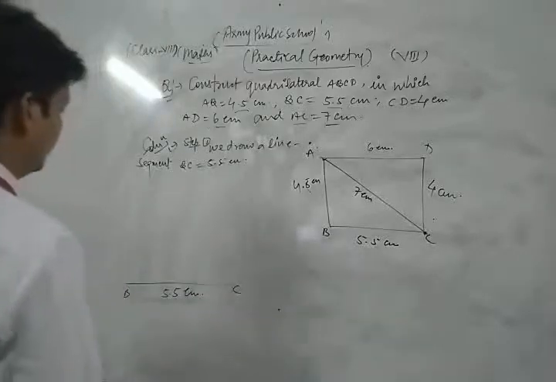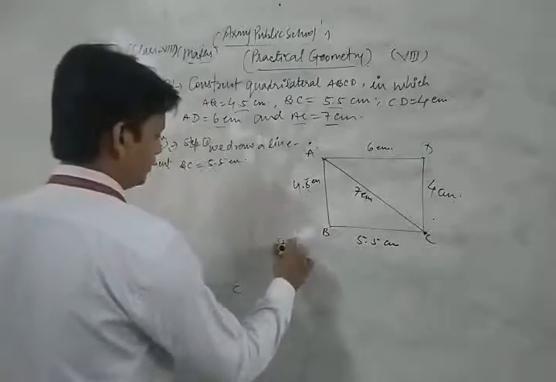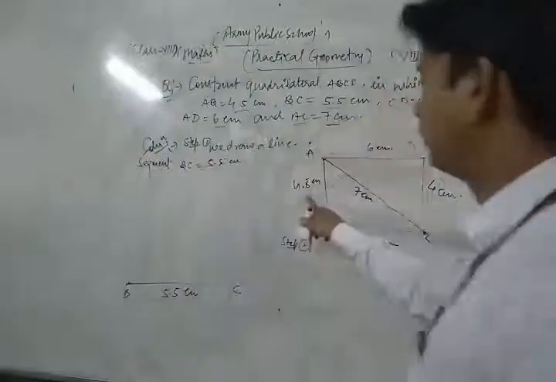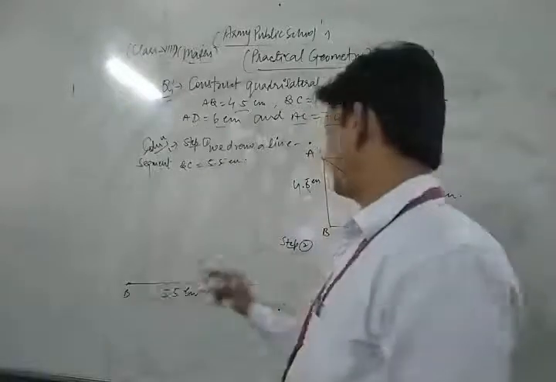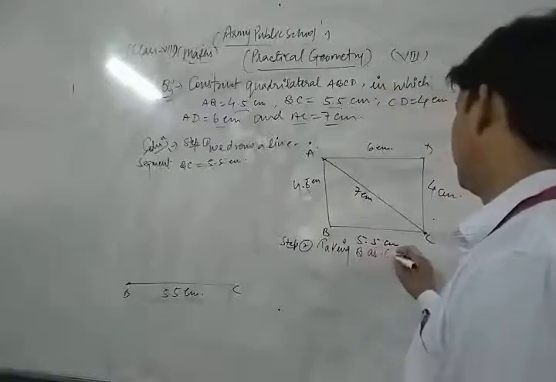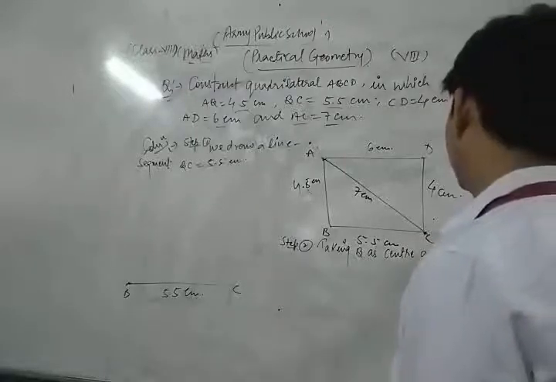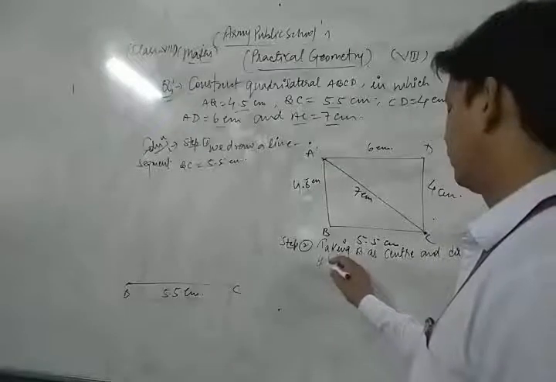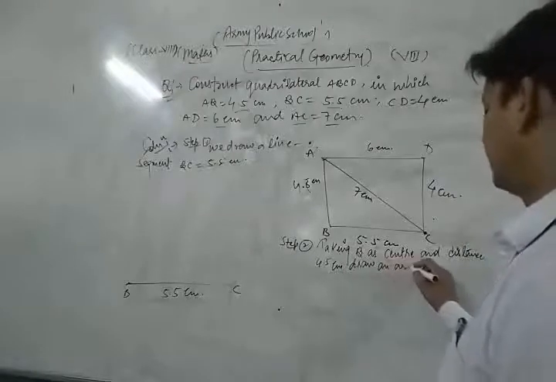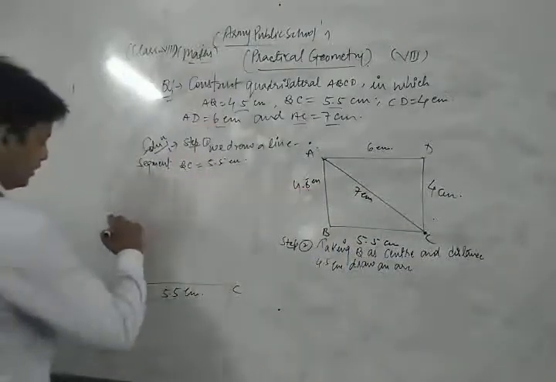Now in step 2, taking B as center and distance equal to 4.5 centimeter, draw an arc in this way.